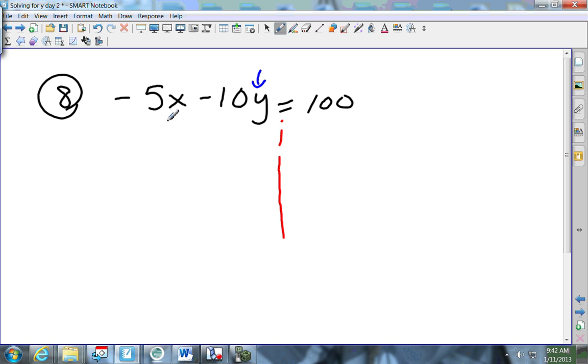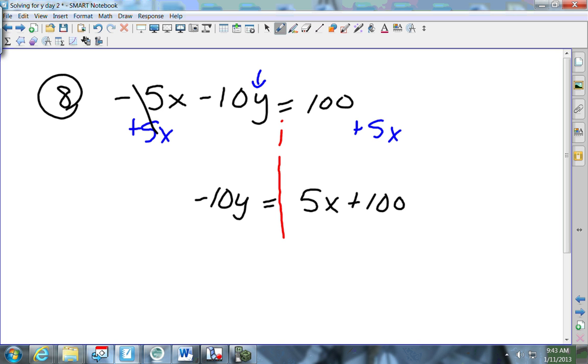I'm going to move the negative 5x, so I add 5x to each side. I get negative 10y equals 5x plus 100. I divide everything by negative 10.